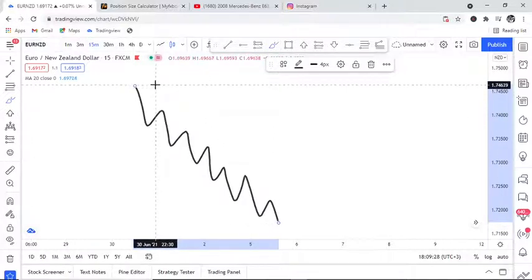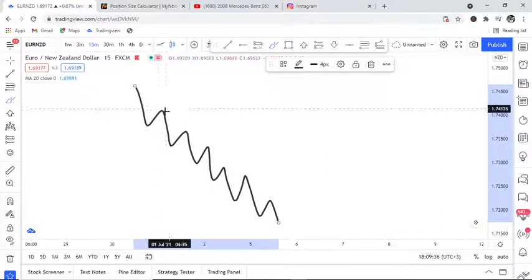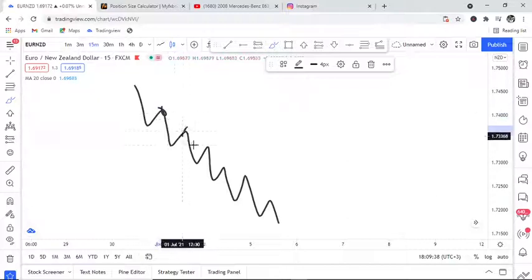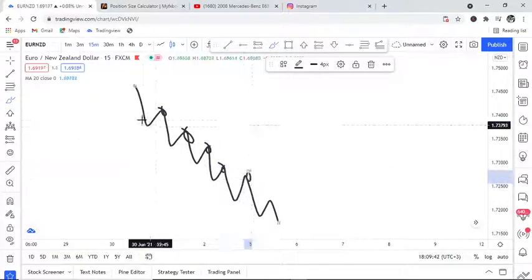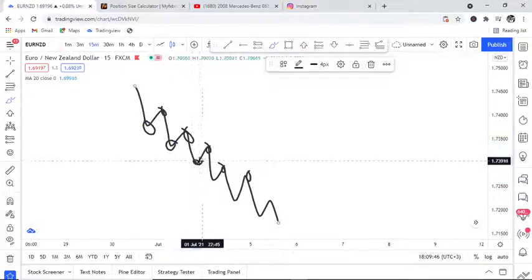So it is just the same as an uptrend, but the inverse of it. When you see the market making these lower highs and also these lower lows, the market is in a downtrend.